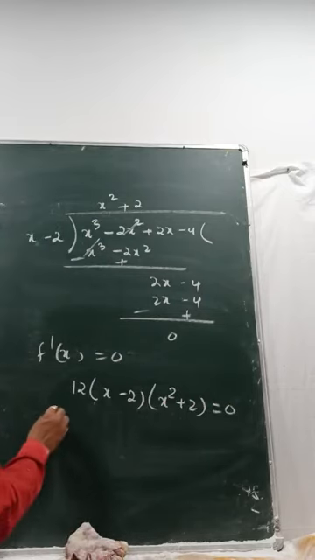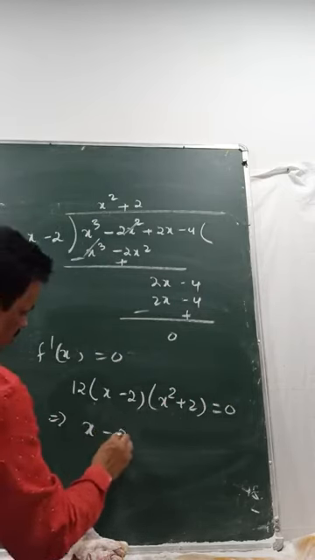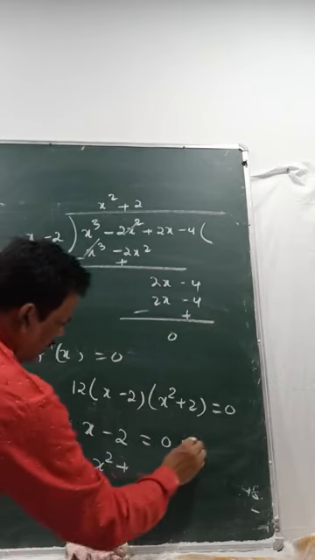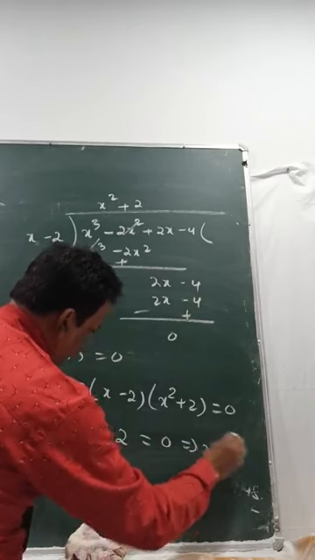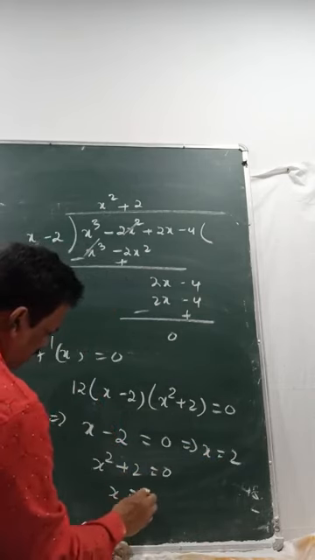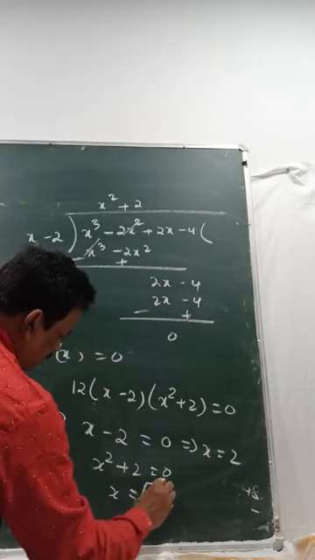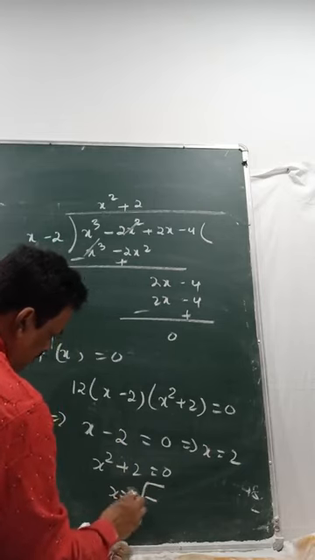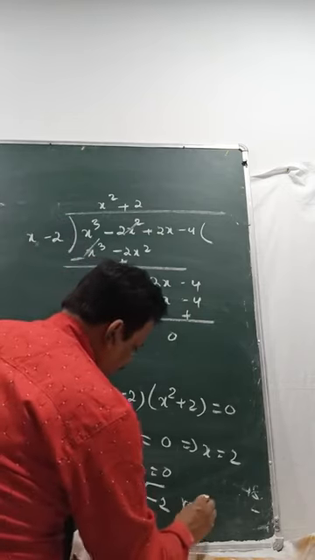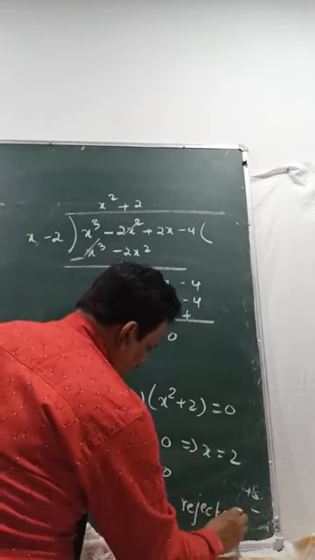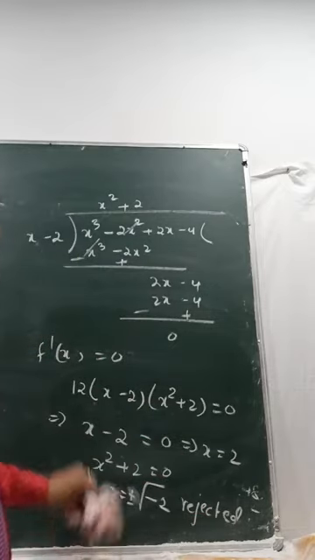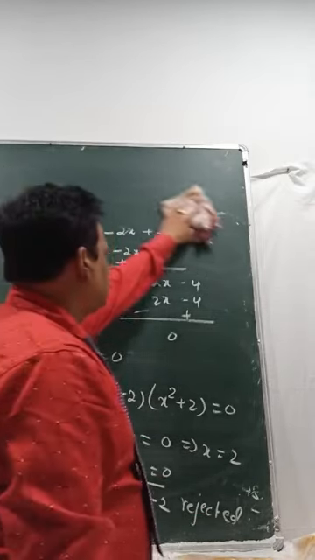Now this implies x − 2 = 0, so x = 2. Then x² + 2 = 0, so x = ±√(−2). This is imaginary, so this is rejected because we are discussing real numbers. So you got x = 2.